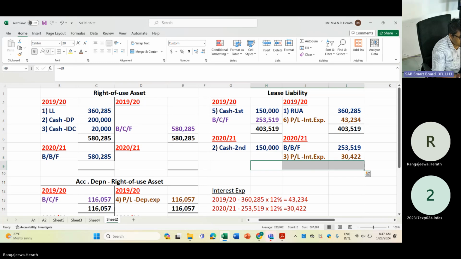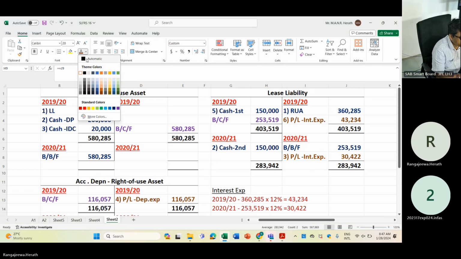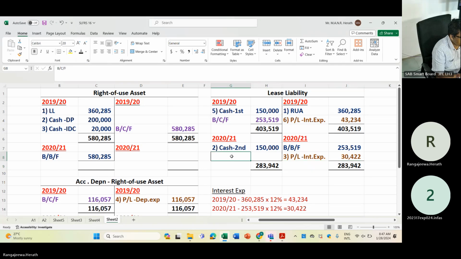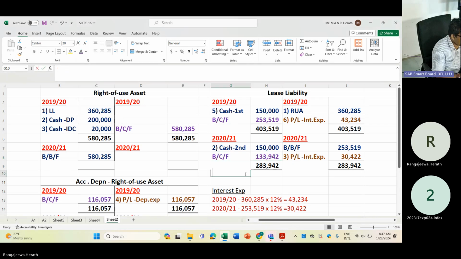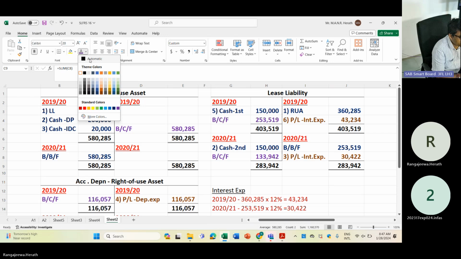So now we can balance the lease liability account, and the balance carried forward is 133,000. Right of use asset, the same amount you can carry forward, no difference.